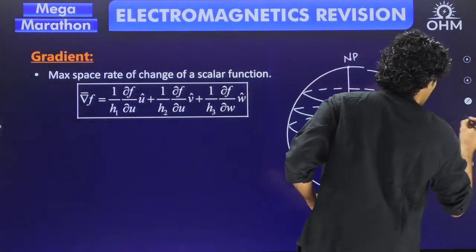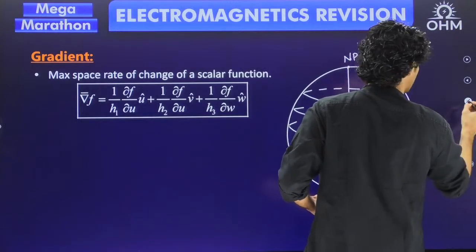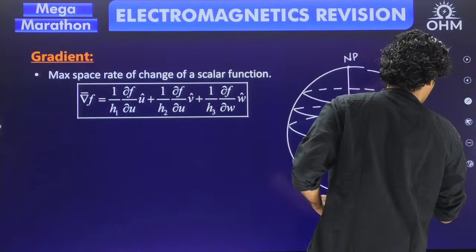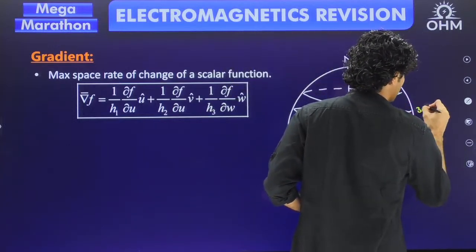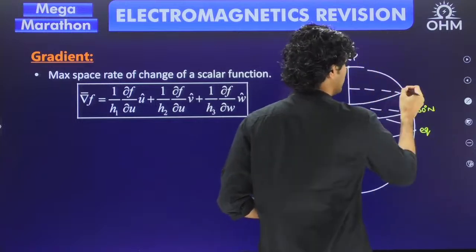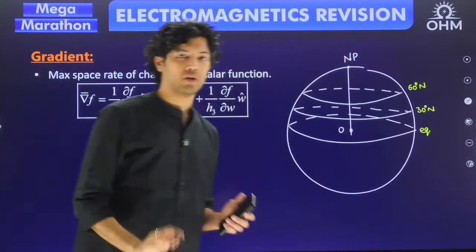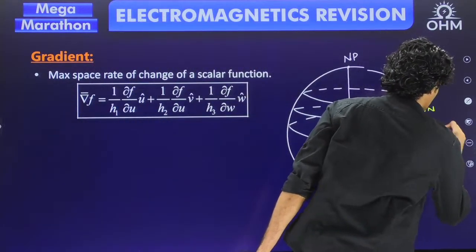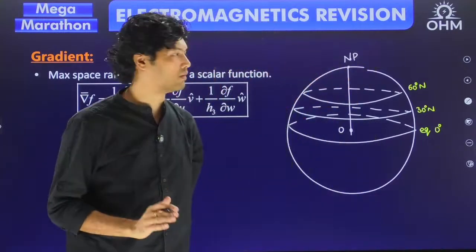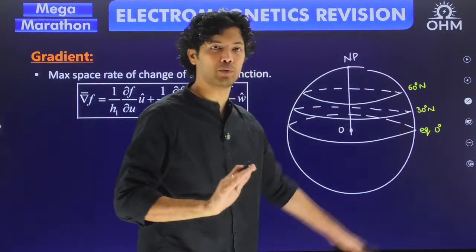This latitude is known as the equator. Let's assume this is 30 degrees north, and this is 60 degrees north. Look at this, the equator is nothing but how much? 0 degrees. Neither north nor south, obviously 0 degrees, right? This is with respect to earth reference. These yellow guys are with respect to earth reference.